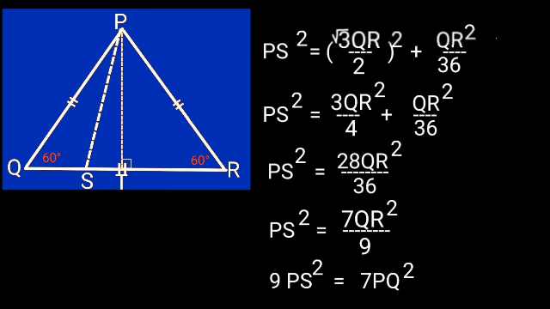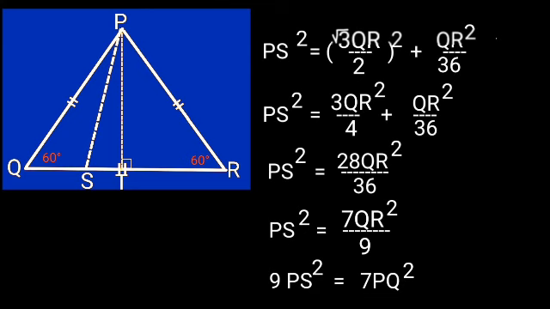By simplification, 4 into 9, denominators are equal, 9 into 3, 27 QR square plus QR square is equal to 28 QR square upon 36. Common factor, therefore that will be cancelled.